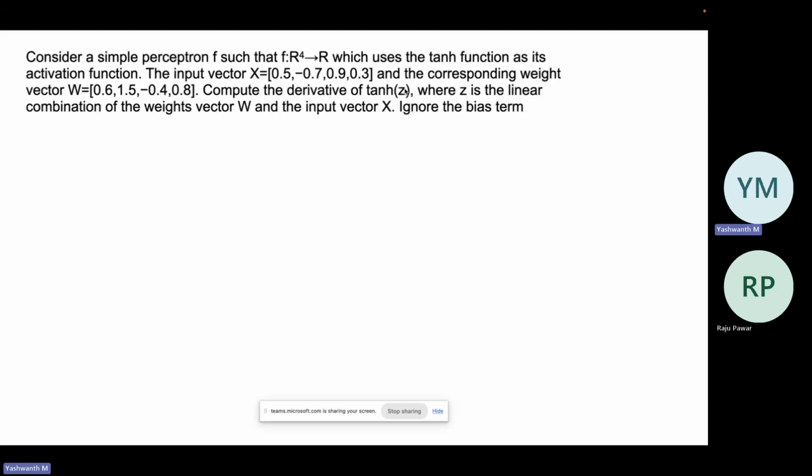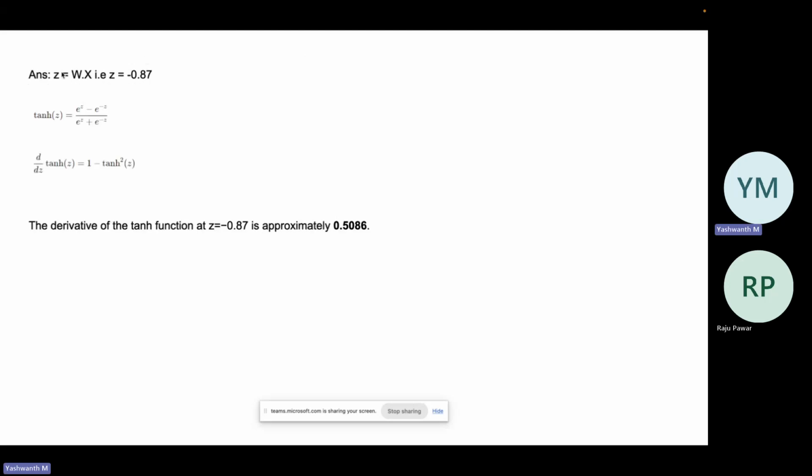I will need to keep moving through these problems. We just ignore the bias, setting it to zero for now. So Z is nothing but the dot product of W and X. We get Z as this, and tanh of Z is this, and the derivative of this is nothing but 1 minus tanh square of it. That's it. We just need to substitute Z here, and we get this one.